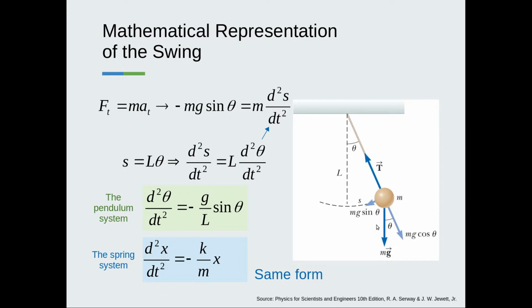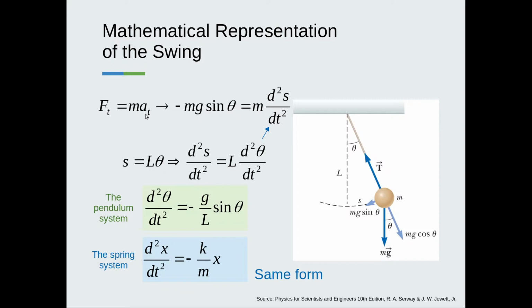From the graph, you can see Ft is equal to minus mg sine theta, and the negative sign is showing you the direction. We set the direction to the right as the positive direction, and to the left as the negative direction, and this should be equal to m a_t.